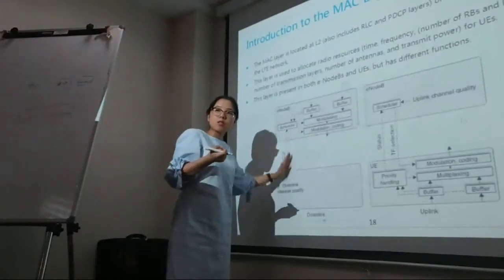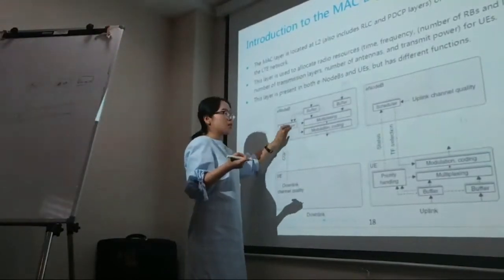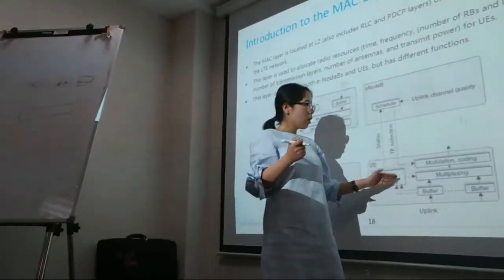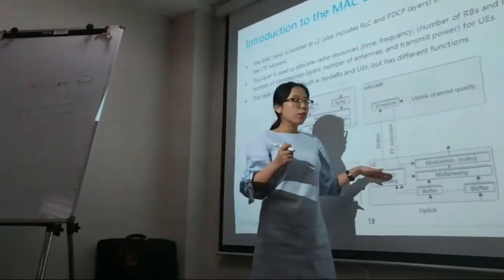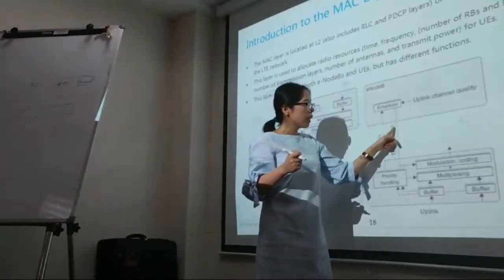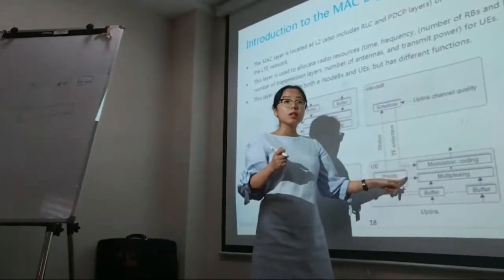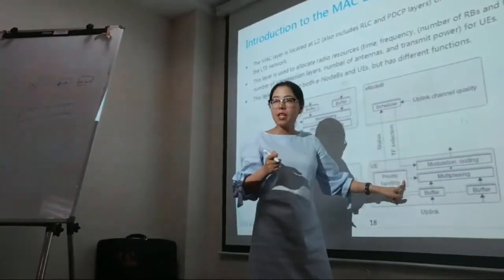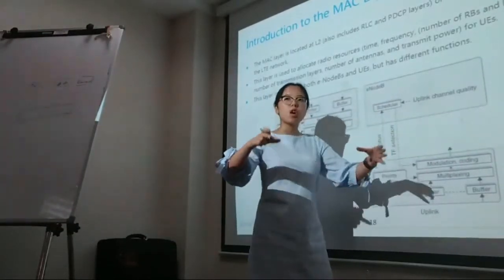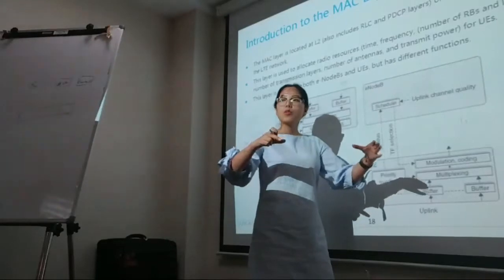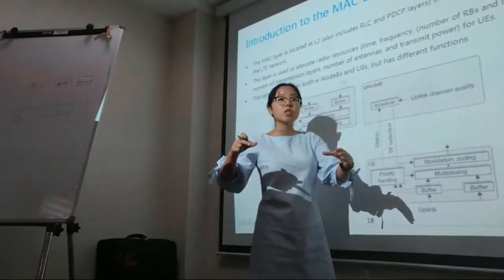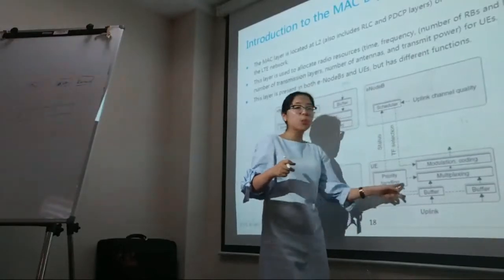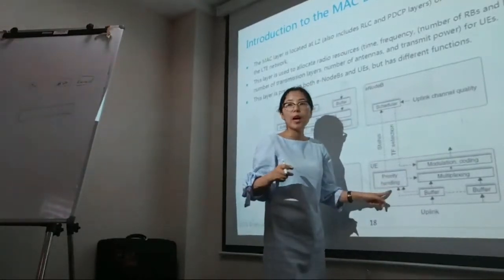So all this is realized by the scheduler. But for the uplink, if the Node B has already scheduled the UE, that means I allocate some resource for you, but which information you transmit on this resource is decided by the UE. So the UE should have a priority handling. It has this function.